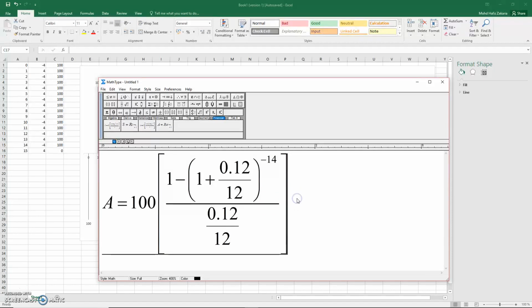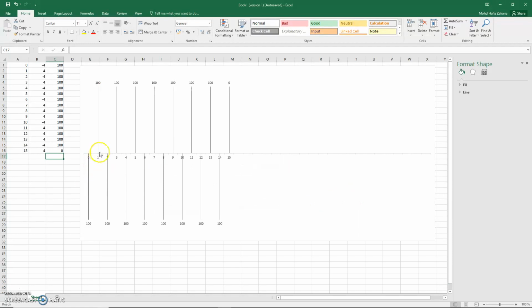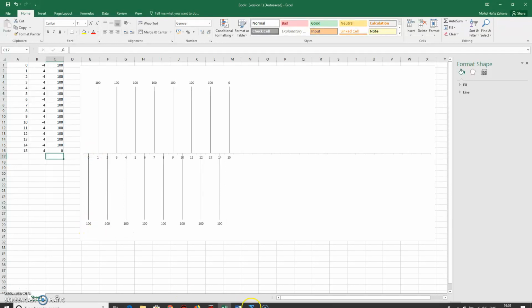If you calculate this, what do you get? You should get 1300.37. Bear in mind, 1300.37 is the present value at this point. To get the real present value at this point, we need to add up this 100.